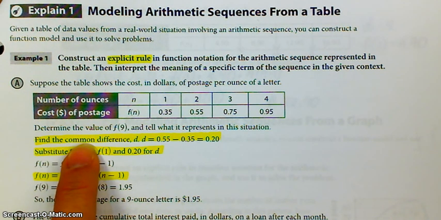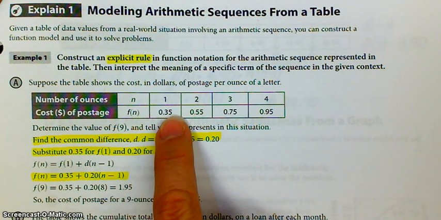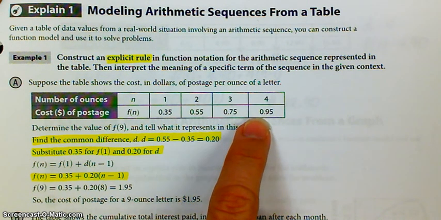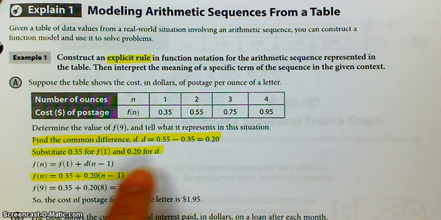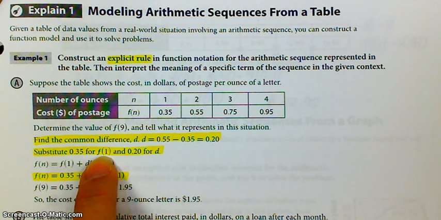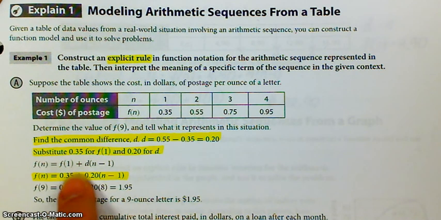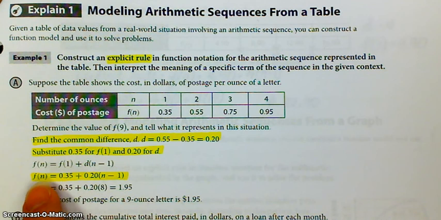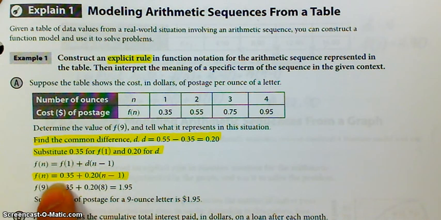First, you need to find the common difference. If I go from here to here, that's 20 cents. From here to here, that's 20 cents. From here to here, that's 20 cents. So the common difference is 20 cents. 0.35, or 35 cents, is the value for f of 1, and you just put it into the explicit rule, and you get f of n is equal to 0.35 plus 0.20, and then in parentheses n minus 1.